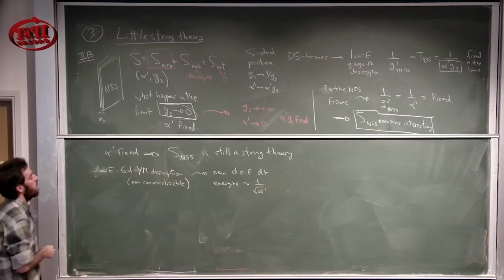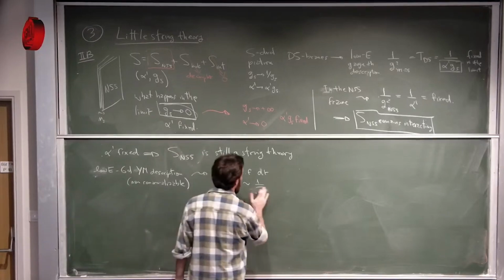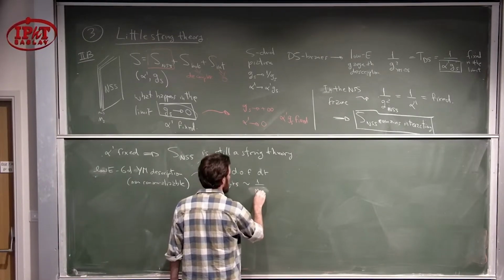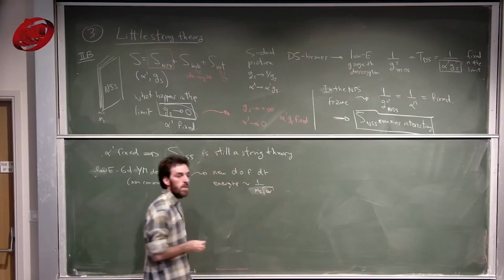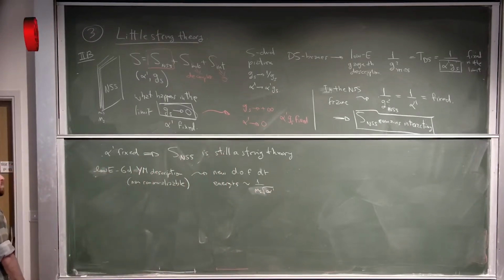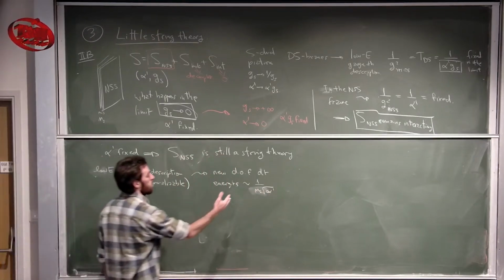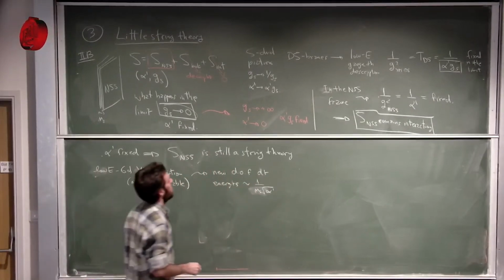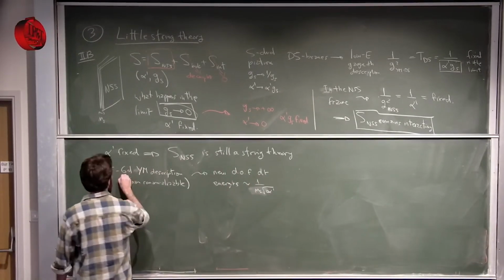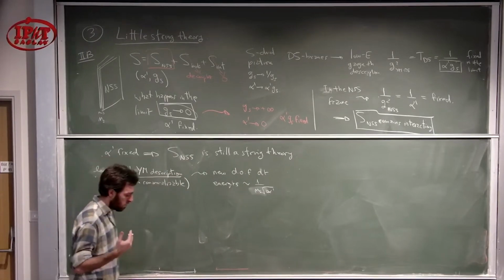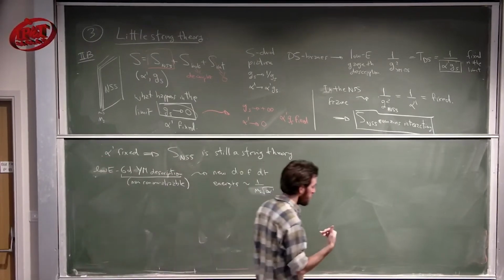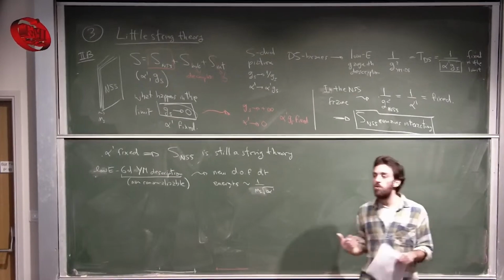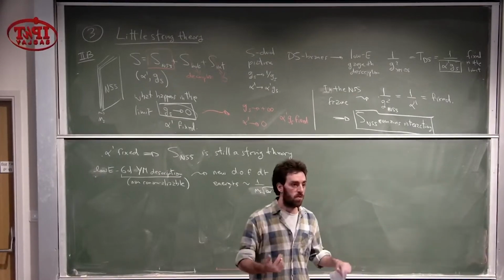And actually, if I have a bunch of NS5, this is going to be N5 times the square root of alpha prime. I can ask what are the degrees of freedom that are here, and the answer is that in 6D, when you have a Yang-Mills theory, you not only have the basic gauge field, but you also have instanton contributions.